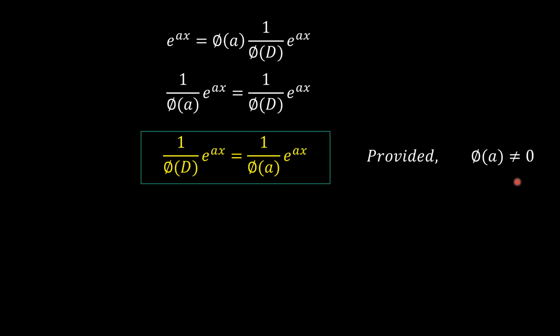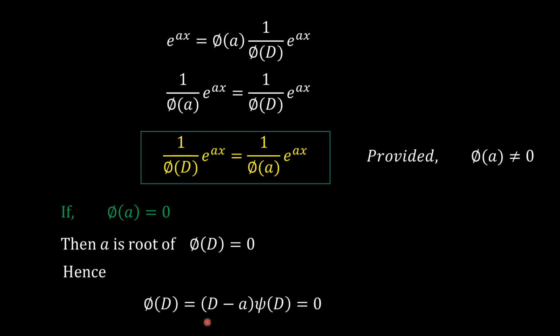Then what happens if this phi of a is equal to 0? So we will consider that case. As phi of a is equal to 0, this a will be the root of the auxiliary equation phi of D equal to 0, and hence we are able to write phi of D as D minus a into psi of D. So this D minus a is the factor corresponding to the root a.